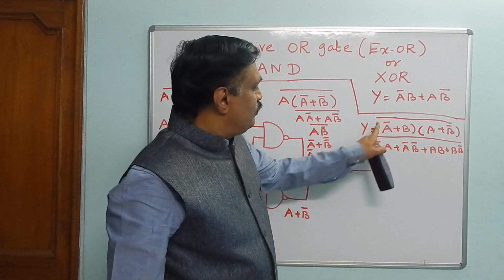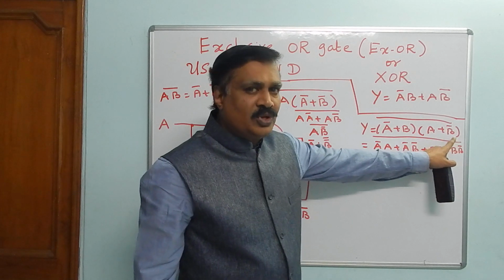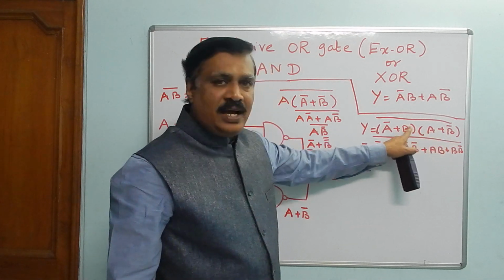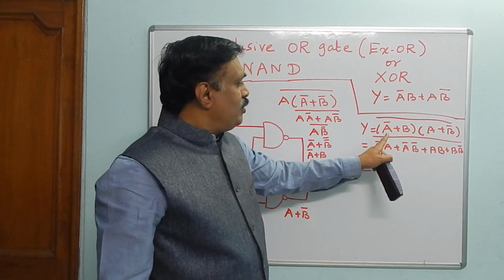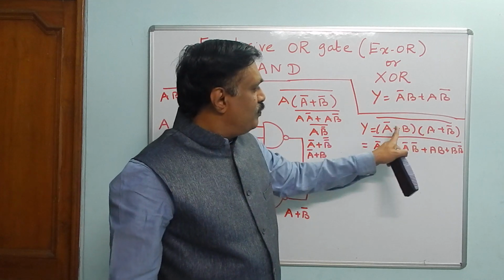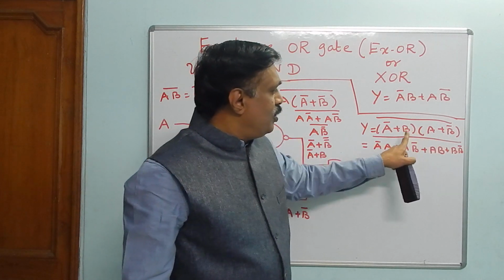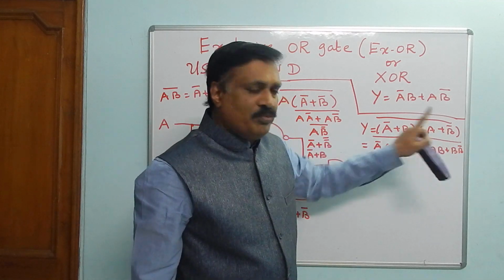Okay, understand? This is a product. This one term, both are multiplied and it is an AND gate. If you put a complement, it is a NAND gate. Now I am multiplying inside of the bar. A bar into A bar into B bar, B into A, that is AB I have written, and B into B bar.